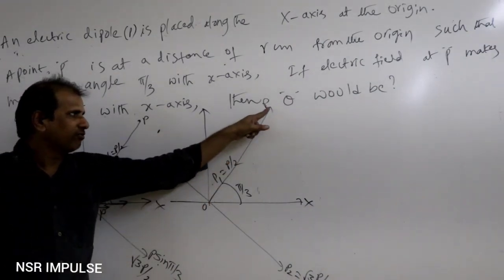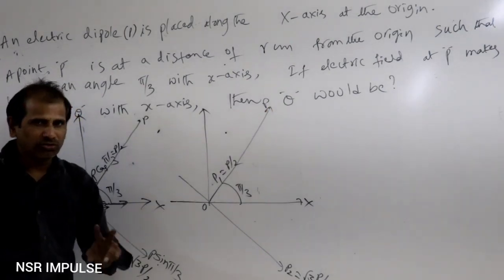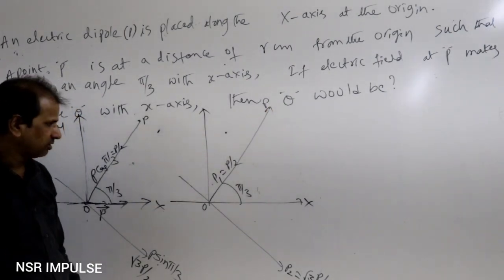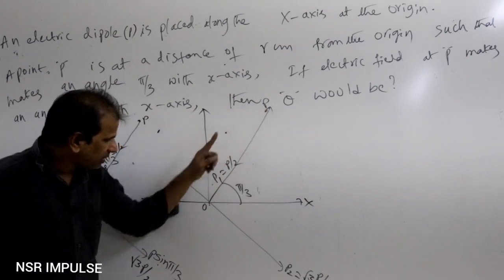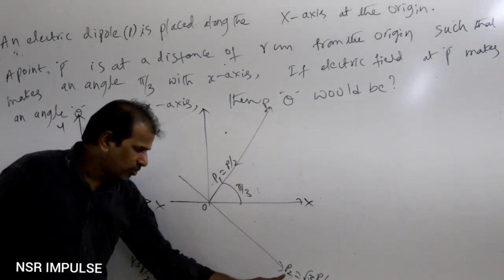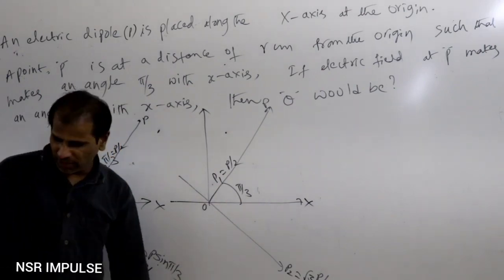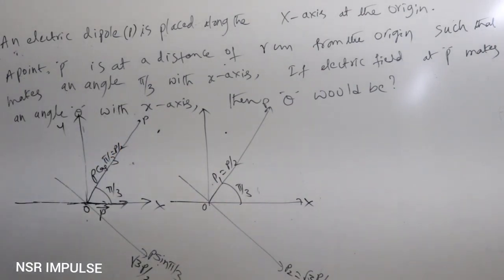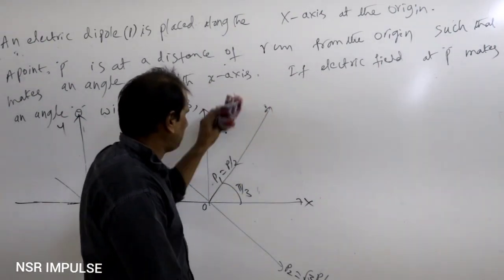We have to find the field at point P. So field at point P is equal to summation of two fields. How? This is one dipole of moment P1 which gives field at P, another dipole of moment P2 which also gives the field. So two fields we are going to see at this point P.